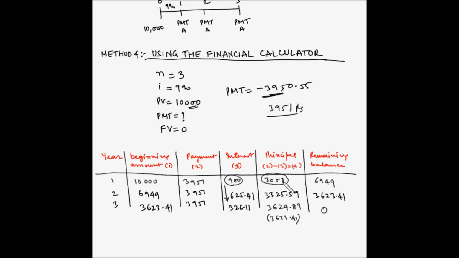So in the first installment, the principal amount was 3051, then it became 3325.59, and then it became 3623.41, whereas the interest initially was 900, then 625, and then 326. So this is an important concept when you are taking any loan, because in the amortization schedule, the initial installments repay very less amount of principal, as most of it is composed of the interest.